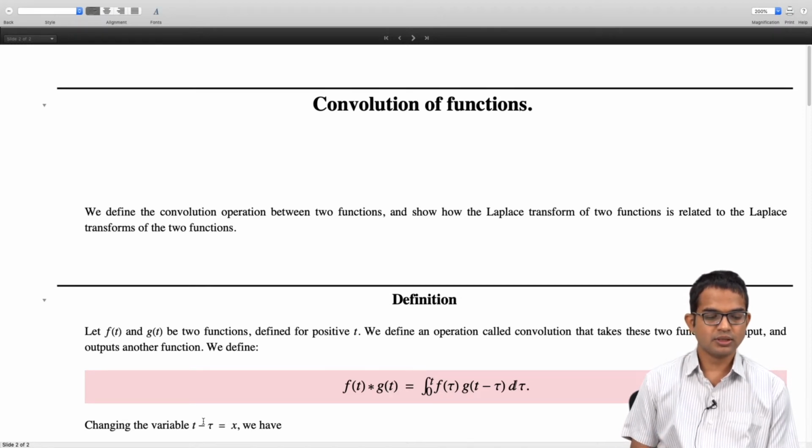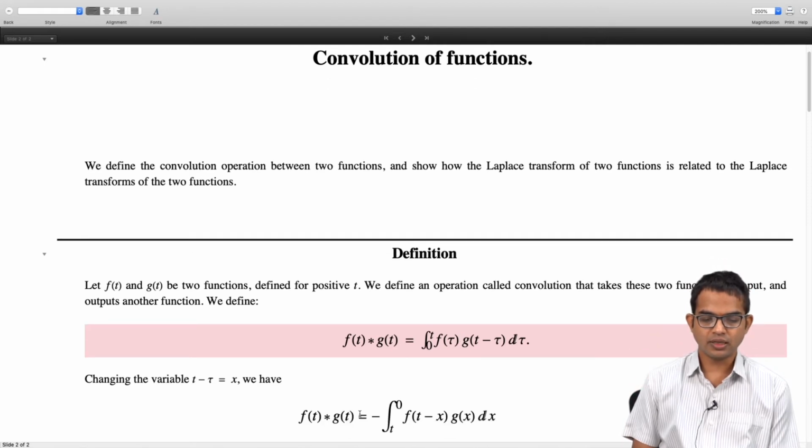But if you change this variable t minus tau to x, we have f of t star g of t, where the limits of integration now go from t to 0, because it's x that we're integrating. So if tau is 0, then x is t, and if tau is t, then x is 0, and then you get a minus sign because d tau is minus dx.